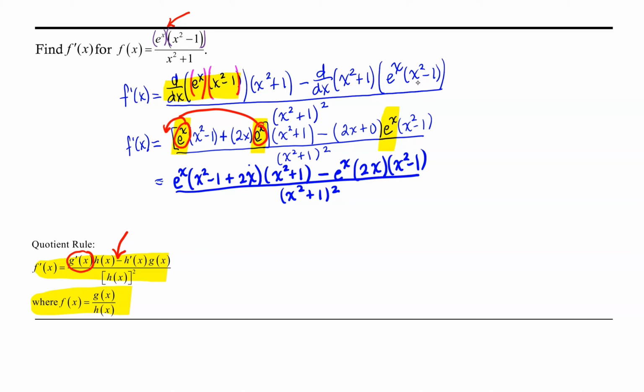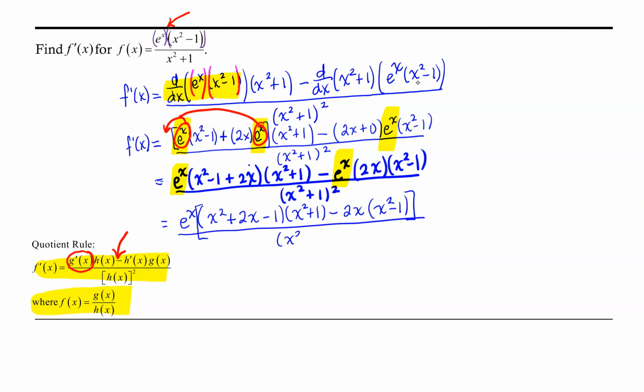And now finishing this factoring out of the e to the x, before we simplify other components, we have e to the x times, we'll have our x squared, I'm going to write it as plus 2x minus 1, times x squared plus 1, minus 2x times x squared minus 1, all over x squared plus 1 squared.